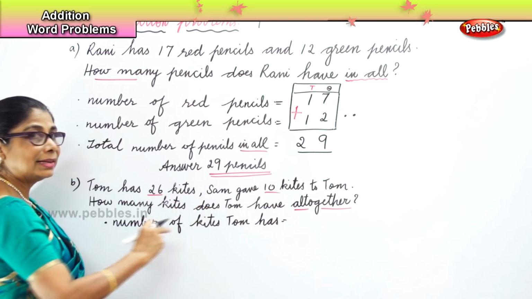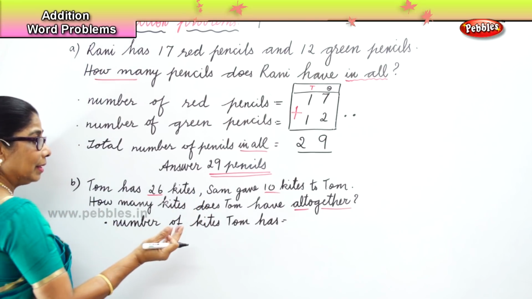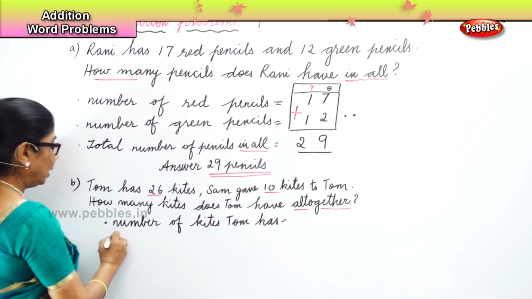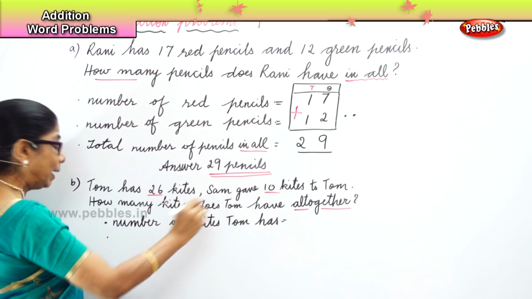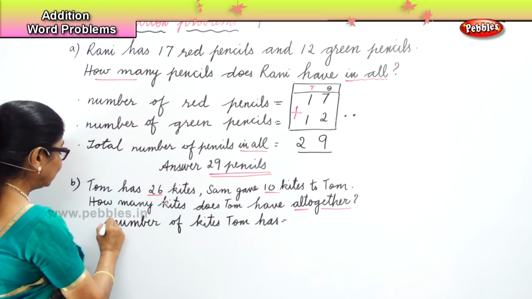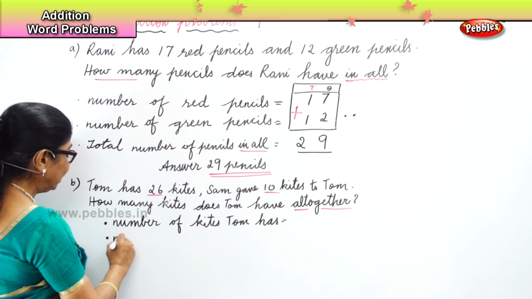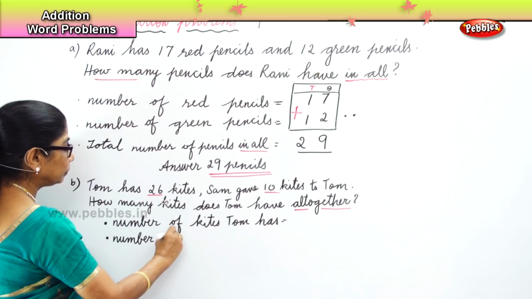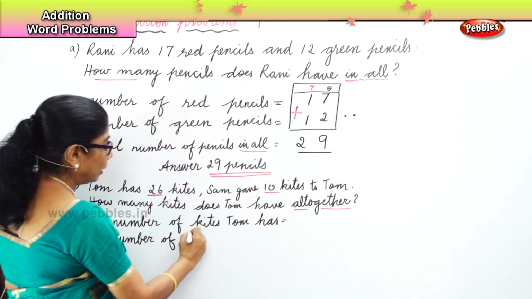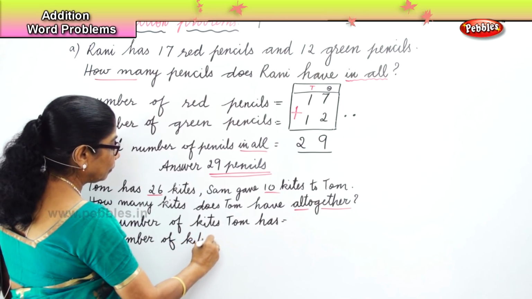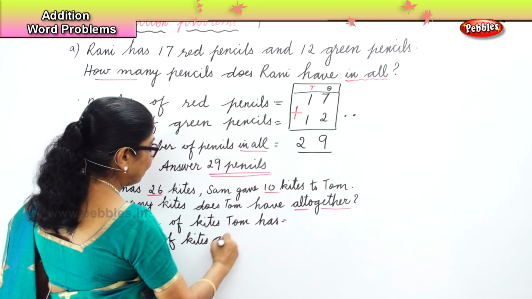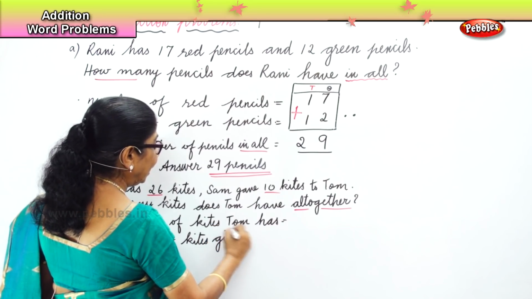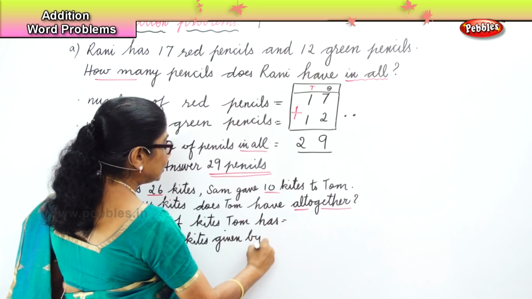Number of kites given by Sam. So the next statement is number of kites given by Sam.